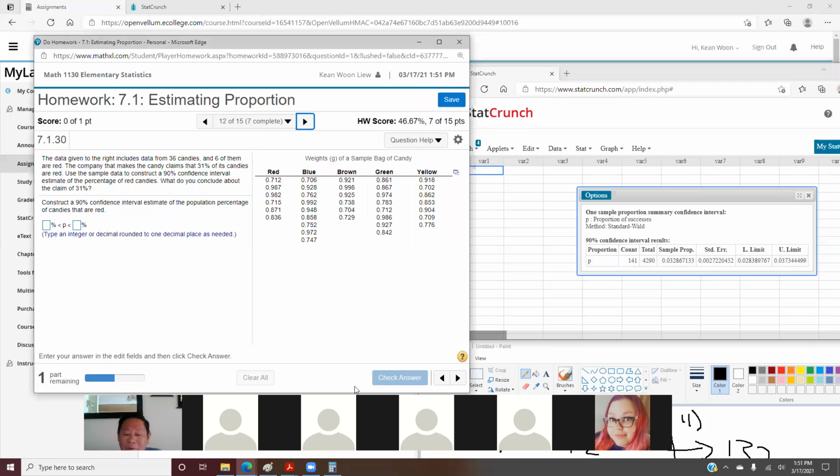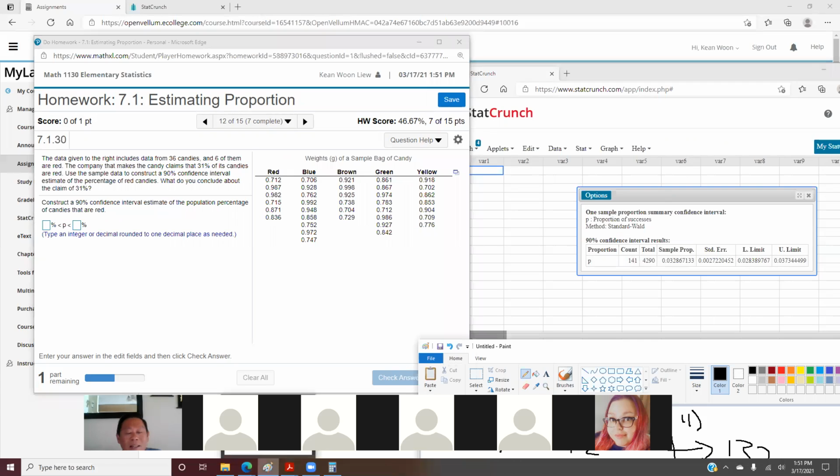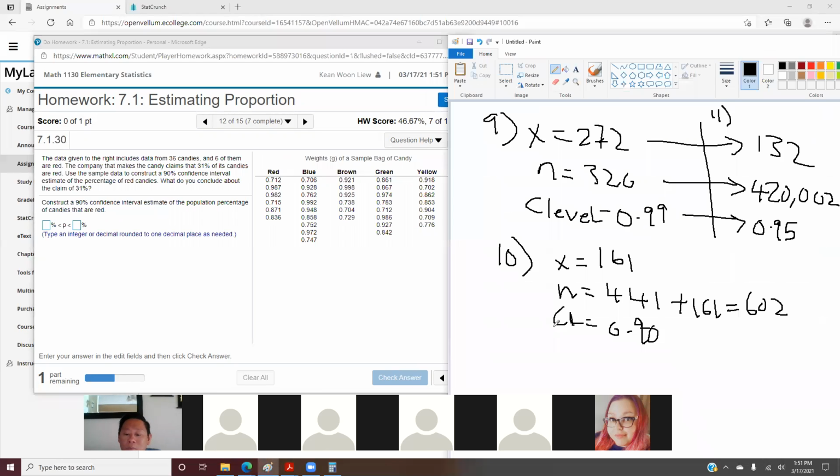Now, this one is very special. So read this question. This is the last question, actually, number 12. Tell me what is your X, N, and confidence level.